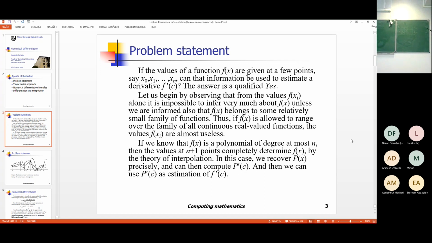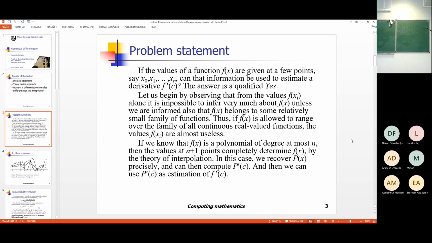For example, if f of x equals x to the power n, what can you say about f prime x, the first derivative? It is n times x to the power n minus 1.